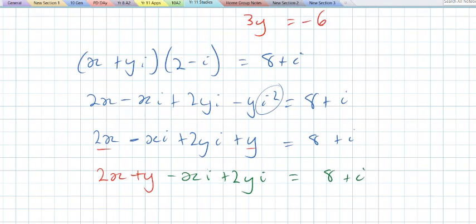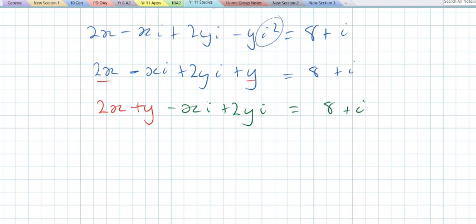Now to make it very clear, we can take out a common factor of i from the imaginary part, leaving the real part the same.